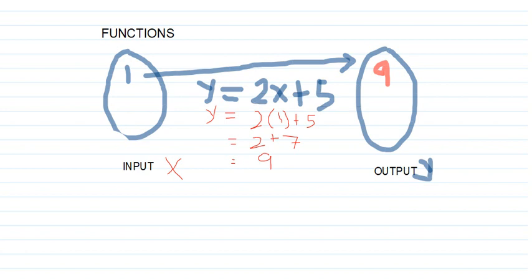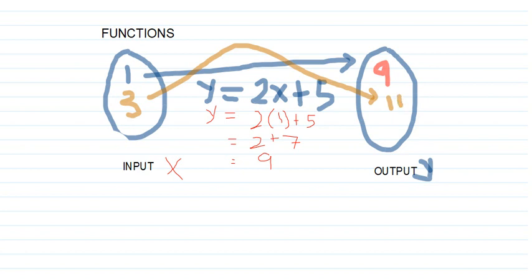Let's have another example as our input: 3. We put 3 there, it becomes 2 times 3, which is 6, plus 5. We get 11.